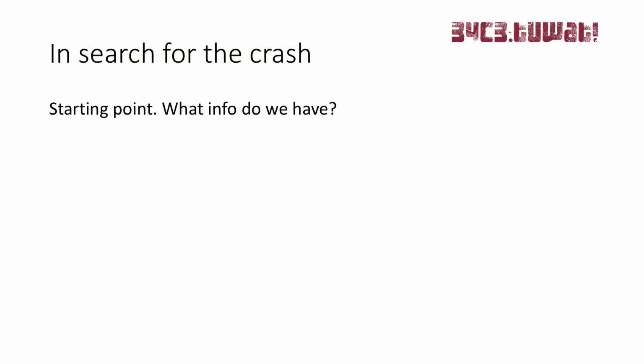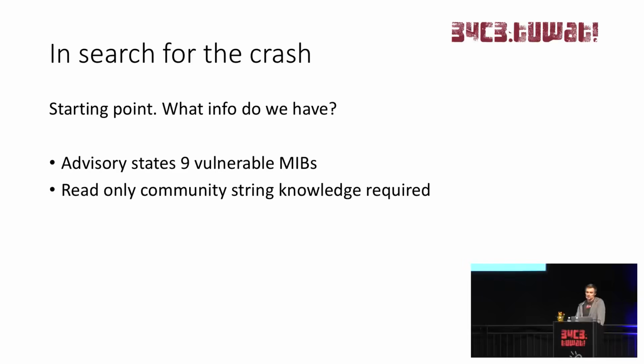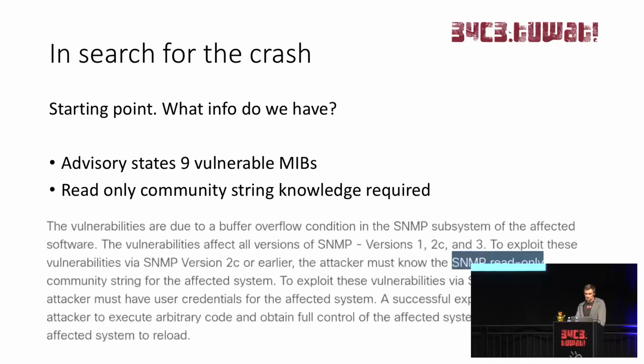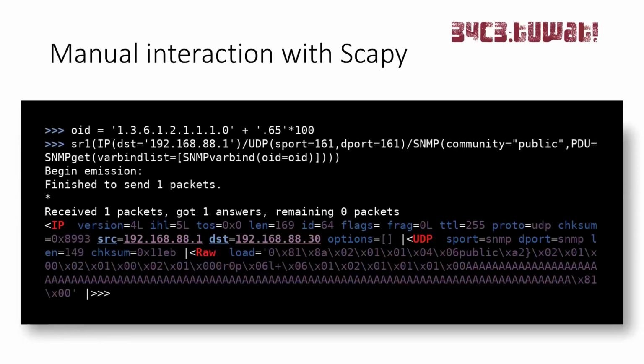So before we build an exploit, we have a starting point. How do we look for the crash? The advisory states that there are 9 different vulnerable Management Information Bases, and you only have to know the read-only community string. For the fuzzing, I'll be using Scapy as a toolkit to work with network protocols.